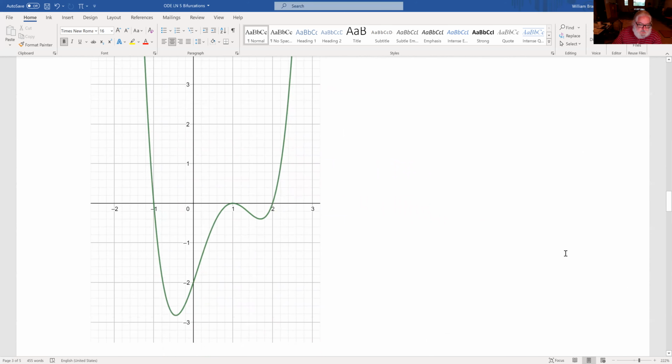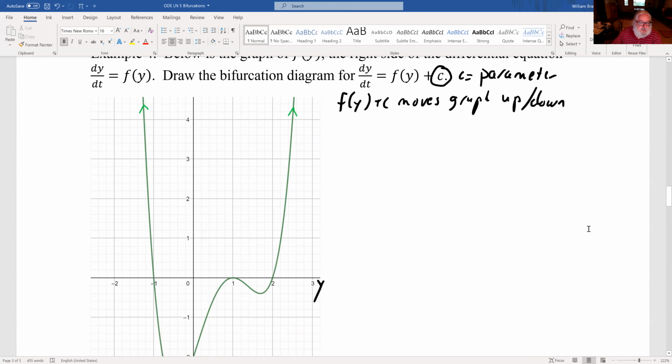So when we're looking at this graph, this is y on the horizontal axis. This is y prime, my dy dt, and this is my function y prime equals f of y. So if I tell you what y is, if y is 2, then y prime is 0. If y is 1, then y prime is 0. If y is minus 1, then y prime is 0.